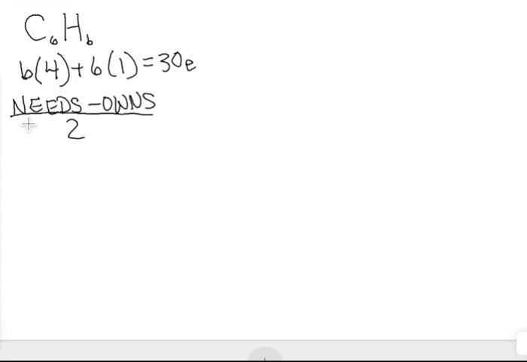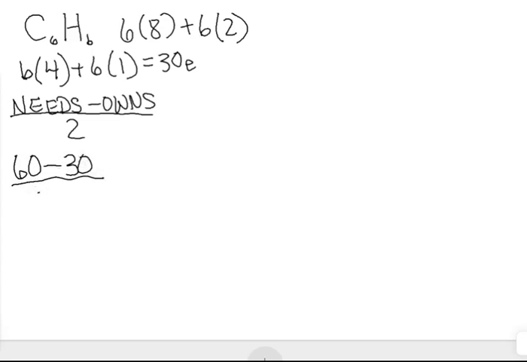So we've got 6 carbons that need 8, and we have 6 hydrogens. They don't need 8, they only need 2 to be like helium. So we have 60 electrons was what it'd take to satisfy everybody. We have 30. That means that we're going to have 15 bonds in this structure.